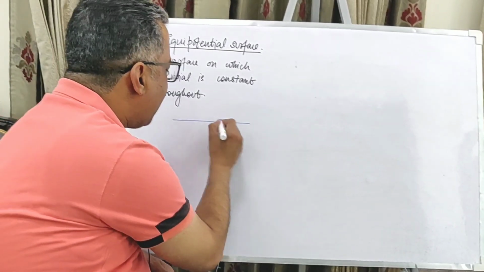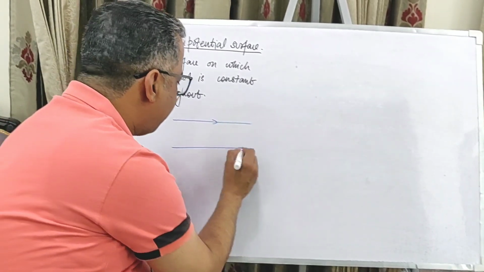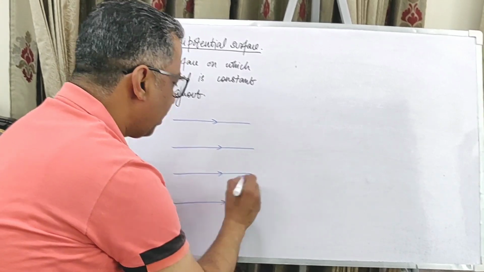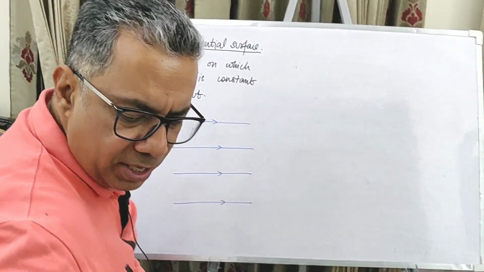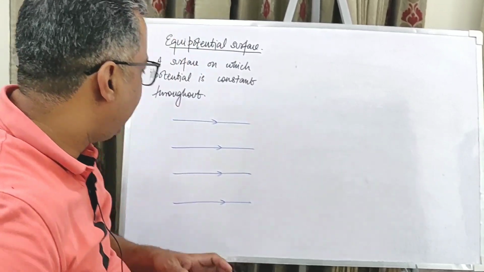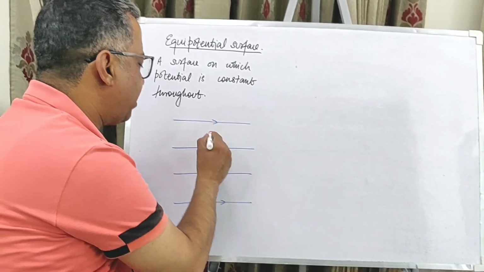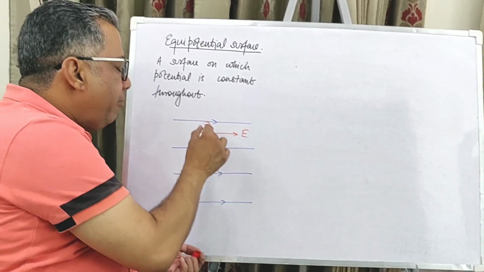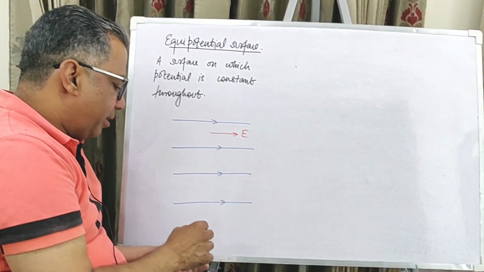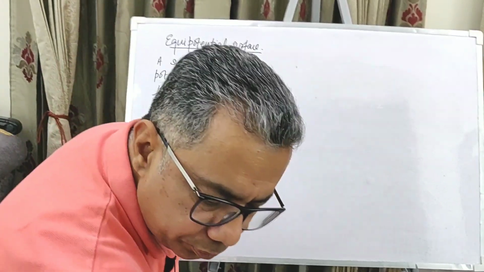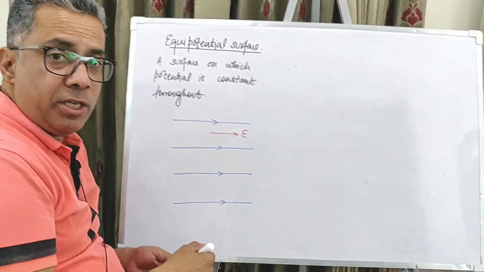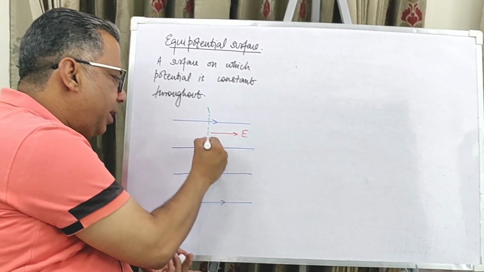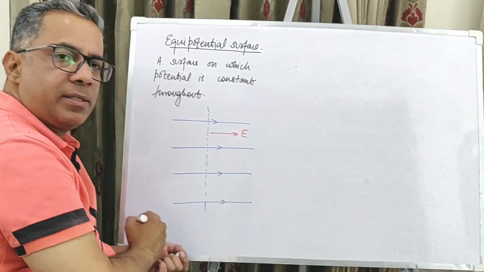Let's say this is the direction of the electric field and these are our electric field lines, right? So the direction of the electric field here is towards the right. Now if we draw a surface here over which potential is constant, we'll be moving perpendicular to the electric field like this.